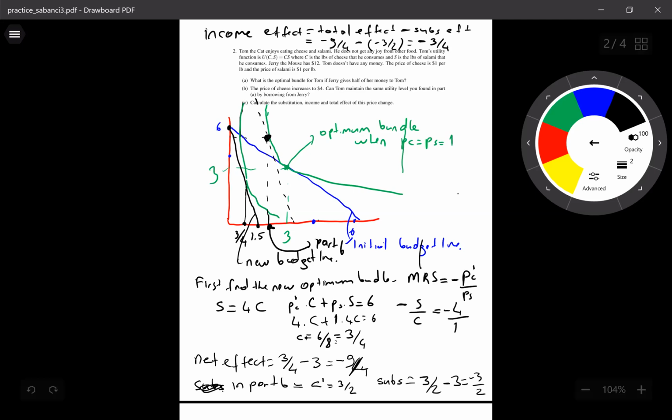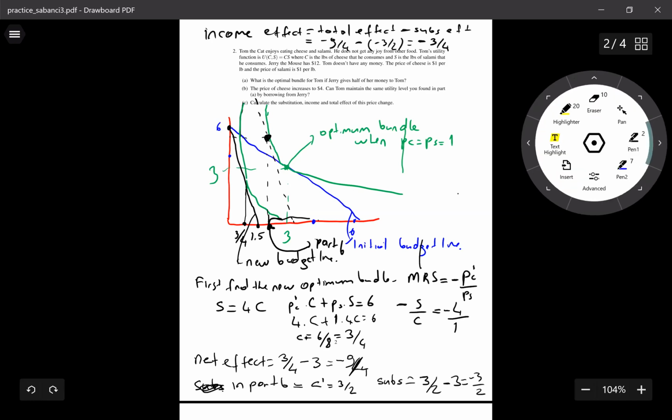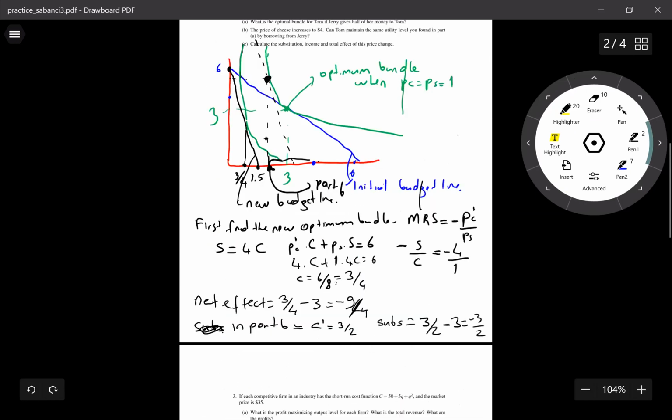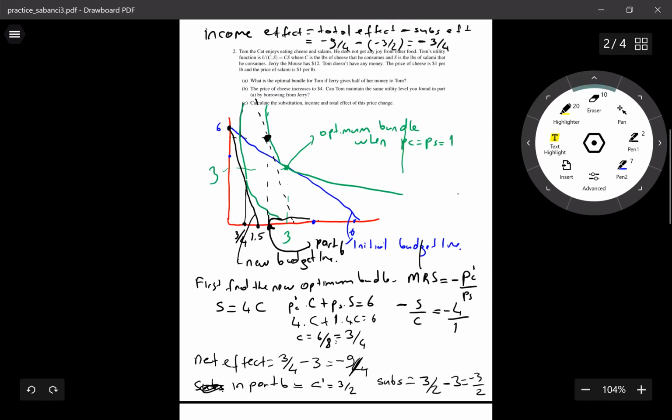Okay, so this distance is the substitution effect.